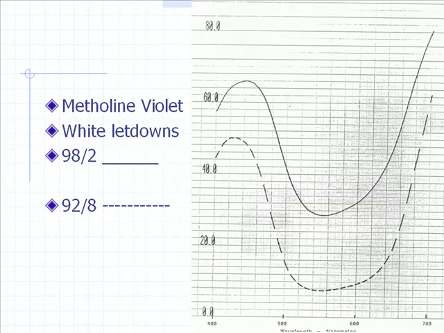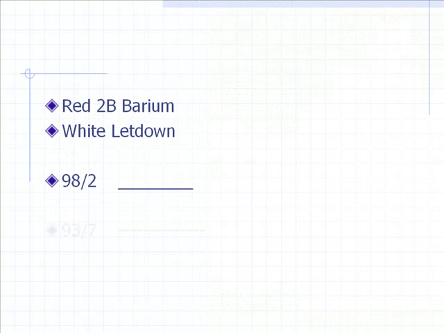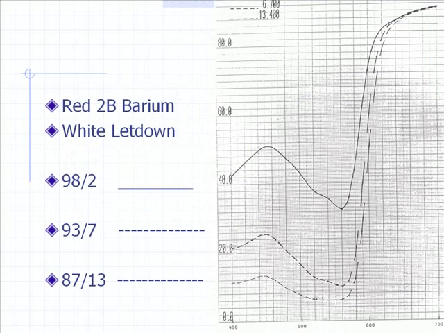This is a red 2B barium pigment, very common, inexpensive pigment. You can see that as we go up, we have more reflected light, 2%, than we do in the 13%. So the 13% is the strongest, which makes sense, and the darkest.